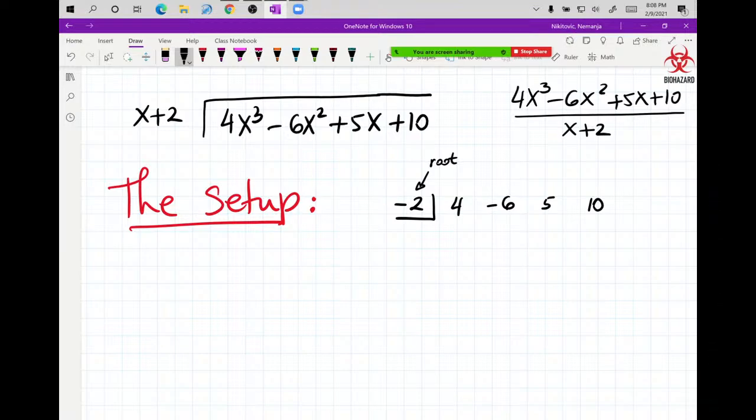So you'll always use the root, and you can always get the root when you take that bottom and set it equal to 0. So use the root in the box on the side, and then just pick up the coefficients with their signs. If there are negatives, that has to go with. So that's the setup. Coefficients. All right, so let's now take a look at the procedure, and you will see that this thing just flies.